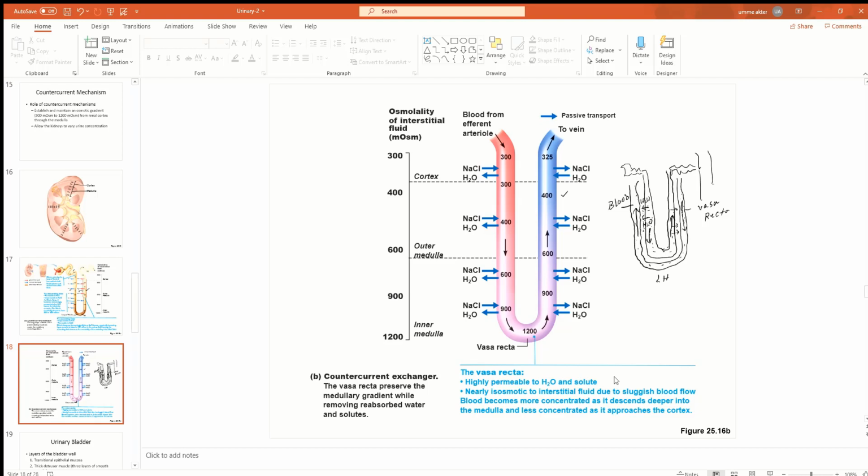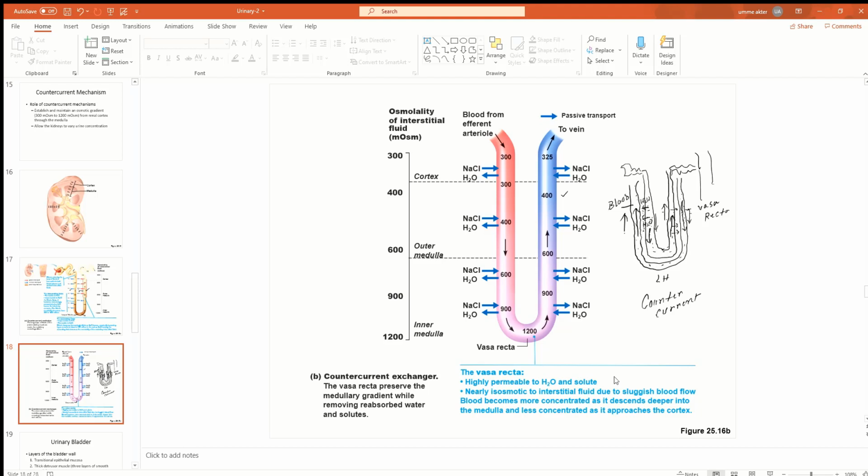So opposite direction, right? That's why it is countercurrent. The flow of blood is that way and the flow of fluid inside the nephron is this way. Same thing here. The flow is in opposite directions, so countercurrent. This is called the countercurrent mechanism.